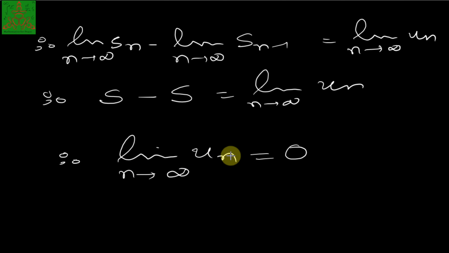So what we have observed here is that if a series is convergent, then its nth term has to tend to 0, and that is a necessary condition for convergence. But this condition is not sufficient. That means the converse of this result is not true.